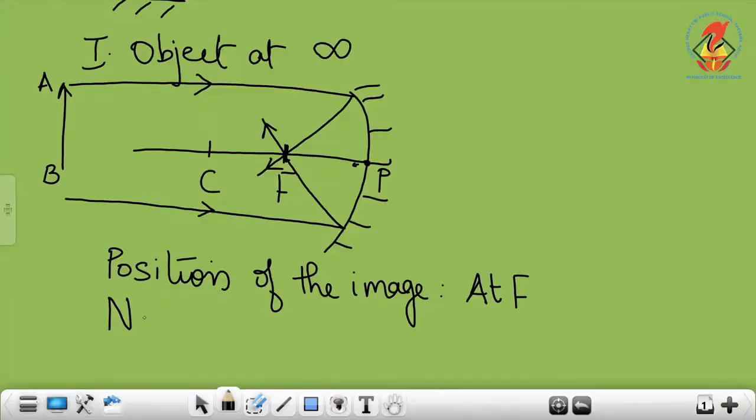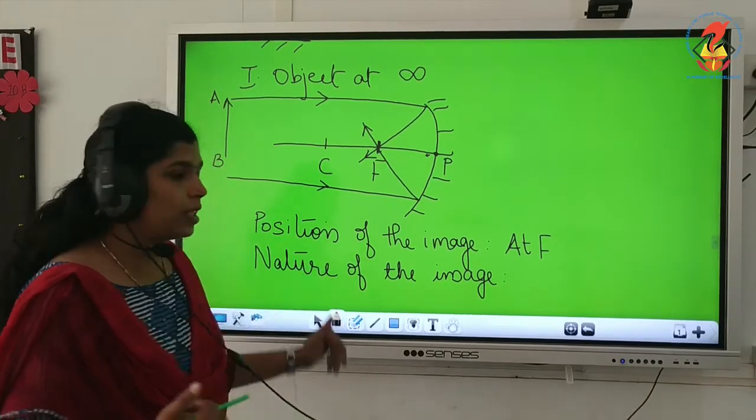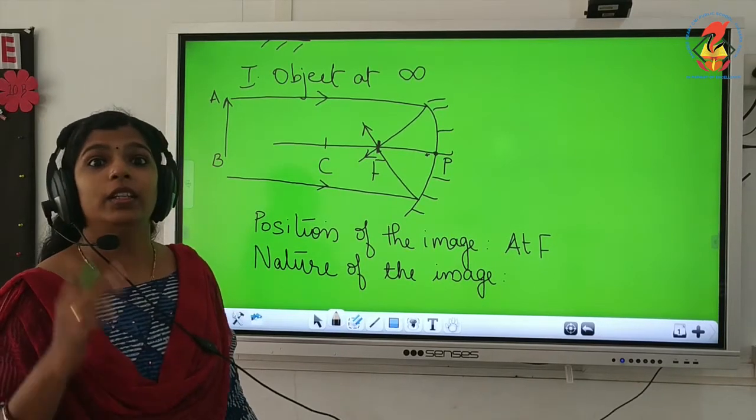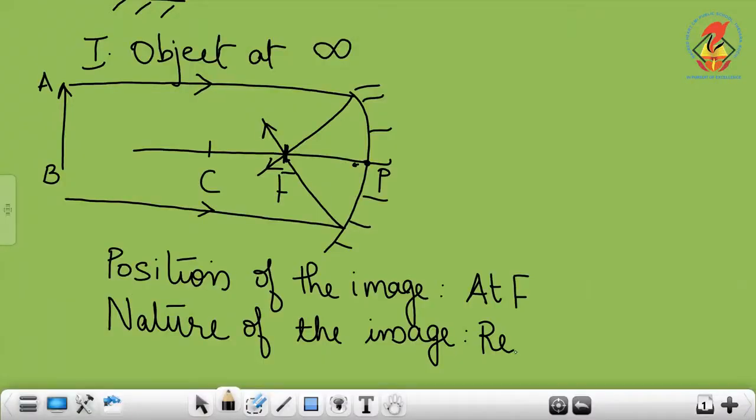Now, nature of the image, meaning whether the image is real or virtual, inverted or erect. Here the image is real and inverted.